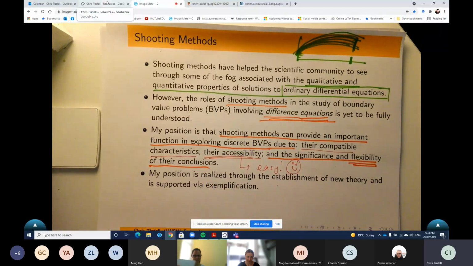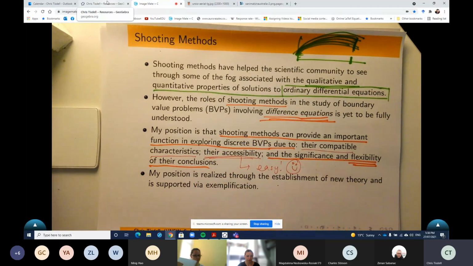So for example, I have a history in fixed point theory. If you use fixed point theory, most of the assumptions and the theorems involve sufficient conditions. And maybe, like Banach's fixed point theorem, they give you one solution. Well, shooting methods can give you much more.